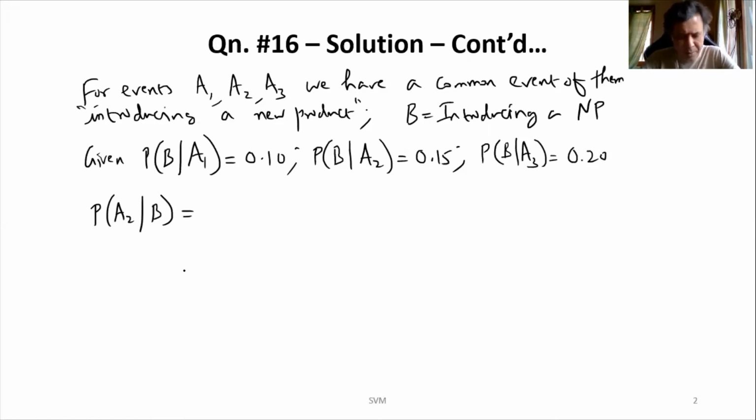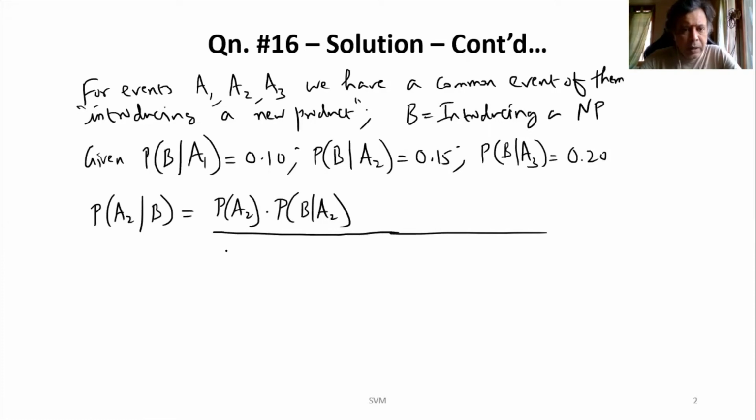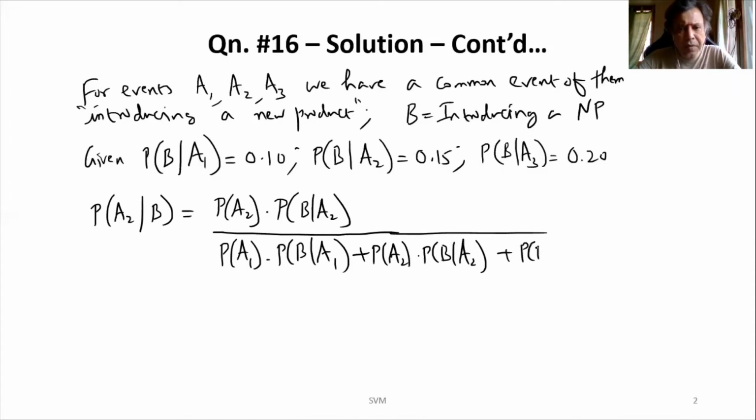So for this, we will apply Bayes theorem, the formula which we had seen in the previous video, which is nothing but probability of A2 multiplied by probability of B given A2. And then this whole thing, we will have all those events also, means probability of A1 multiplied by probability of B given A1 plus probability of A2 multiplied by probability of B given A2 plus probability of A3 multiplied by probability of B given A3.